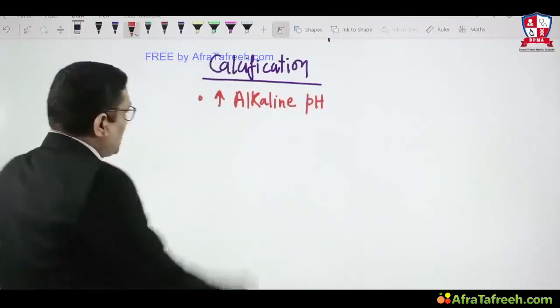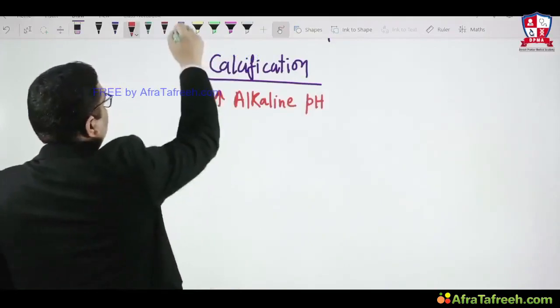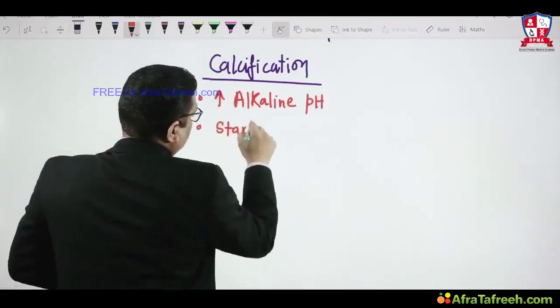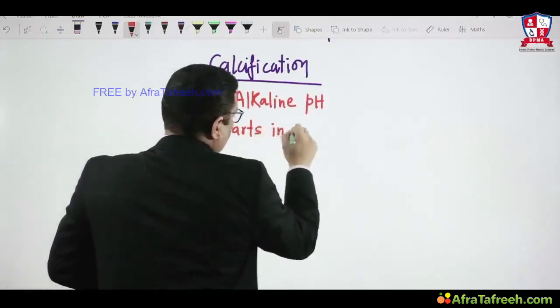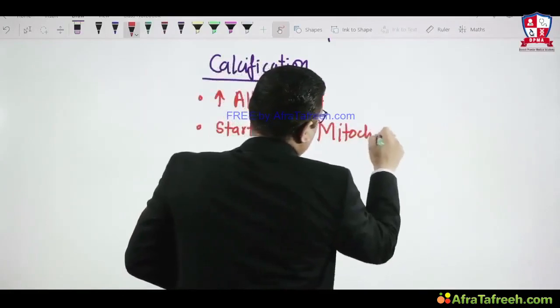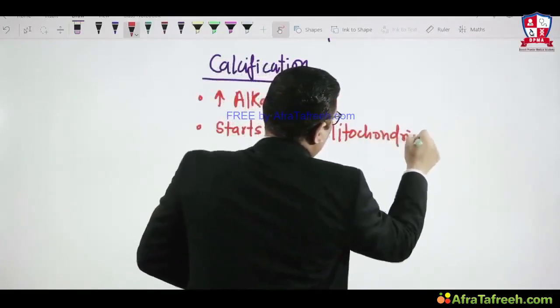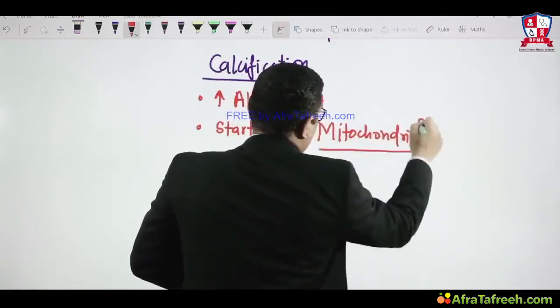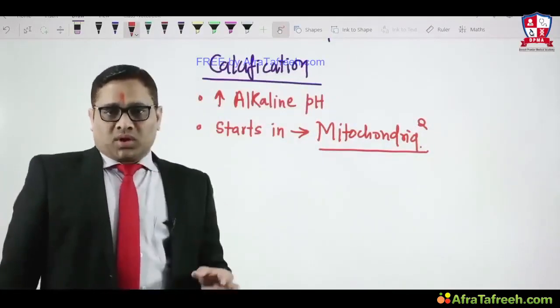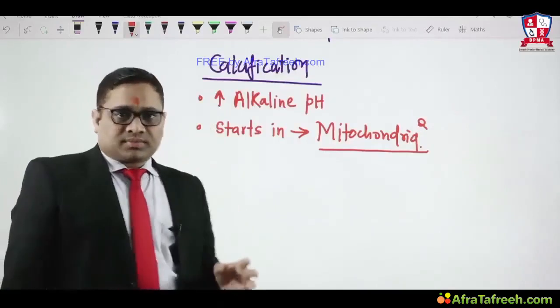Second important thing: where will you see calcium deposition earliest? Calcification starts in mitochondria, and this is a very important MCQ in exam. Calcification starts in mitochondria in the entire human body except for one place.